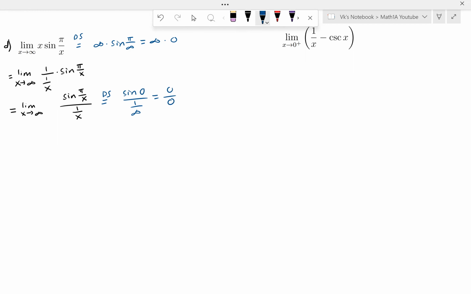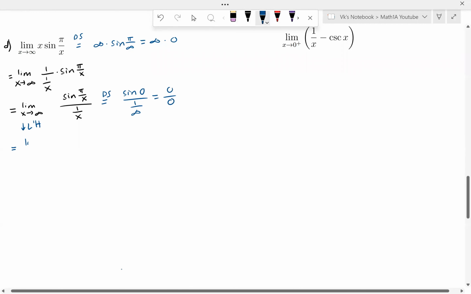An indeterminate quotient. Use L'Hopital's rule. And ta-da! Limit as x goes to infinity.